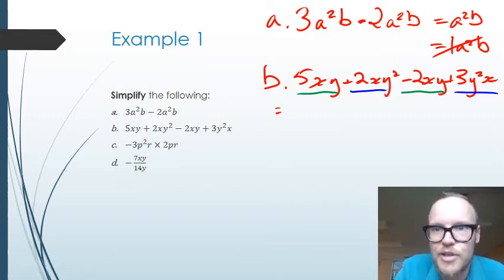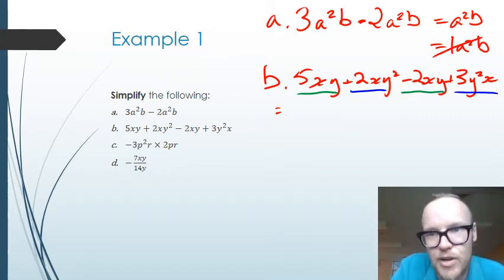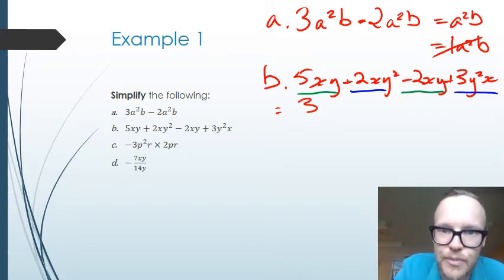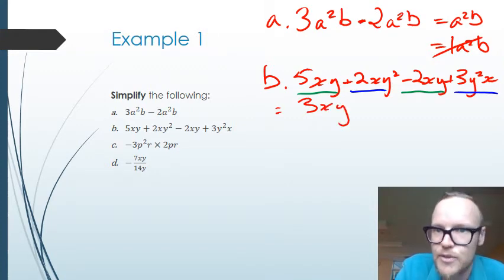Those are like terms because even though they're in a different order, they're still going to be equivalent. So xy squared is the same as y squared x. So I have got 5 of the xy's and I take away 2 xy's, so I'm left with 3 xy's. And I've got 2 xy squareds and add 3, so that means I'm going to be left with 5 xy squareds.